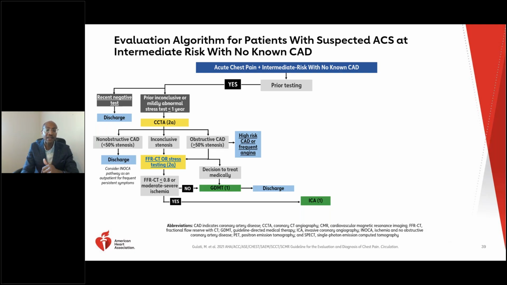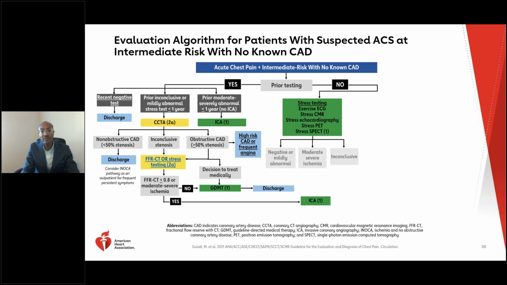I want to highlight that inconclusive tests really should be corroborated. And if there's unclear corroboration or identification of the underlying pathology, invasive coronary angiography is still a class 1 recommendation for further evaluation if there is significant inconclusive information.